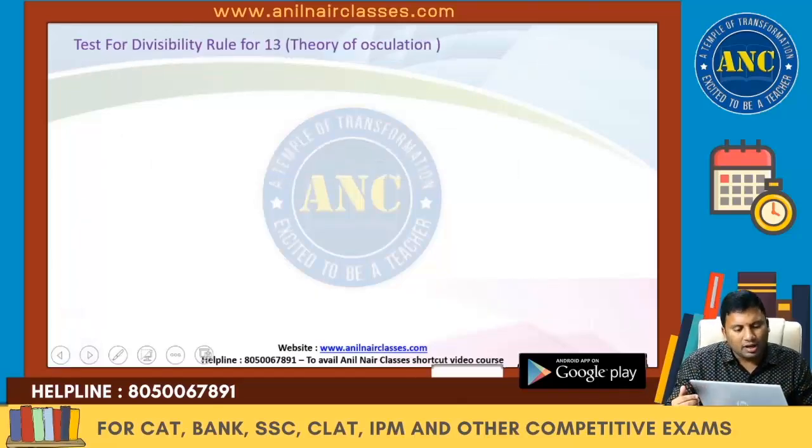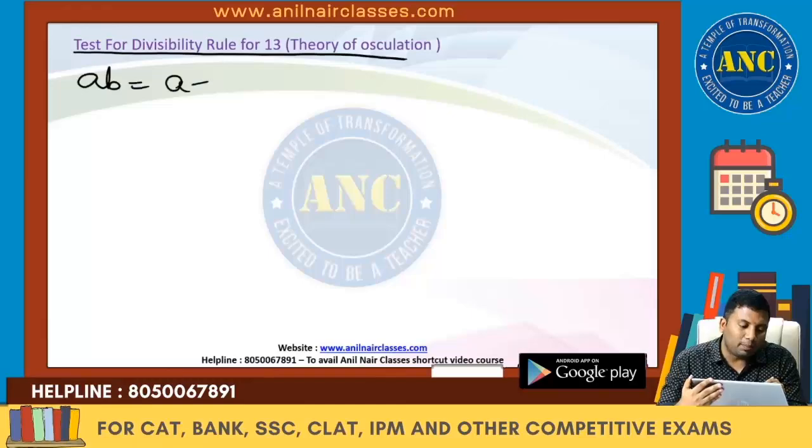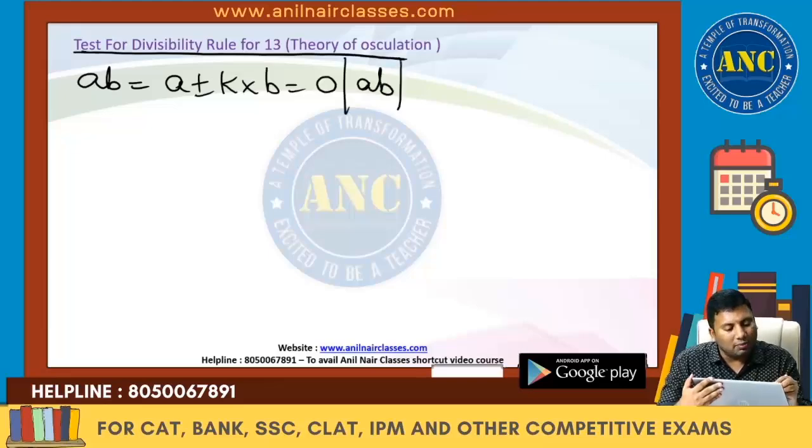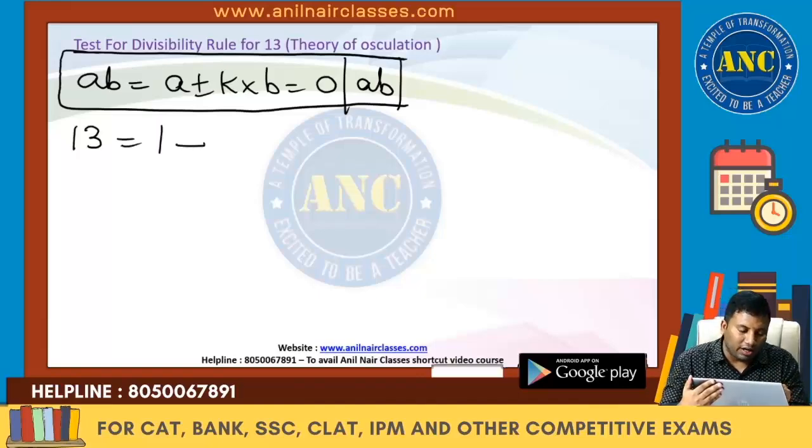Next one. Divisibility rule for 13. What is the concept, the theory of osculation? A plus or minus k into b should give you either 0 or a multiple of the number. So 13 can be written as 13, 1 if I do plus.